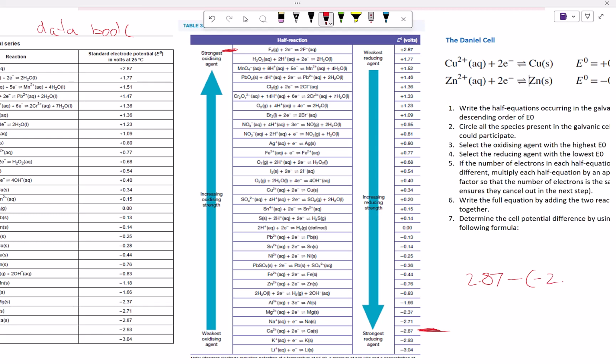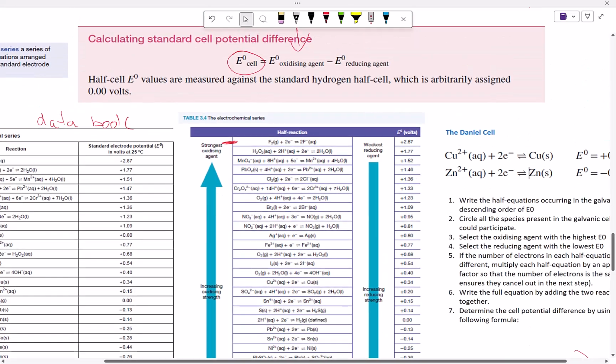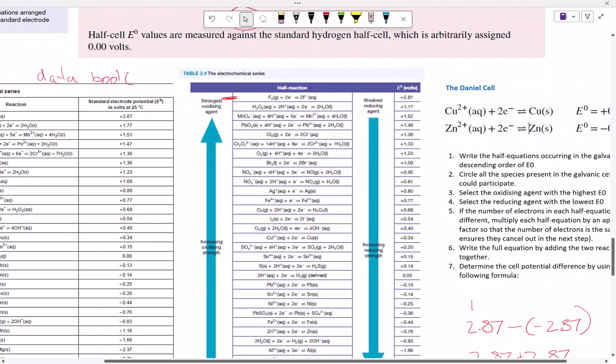That was quite lucky. So that becomes 2.87 plus 2.87, and you'd get a number, and that's what your cell potential difference would be. Because remember, this would be the E naught for the oxidizing.